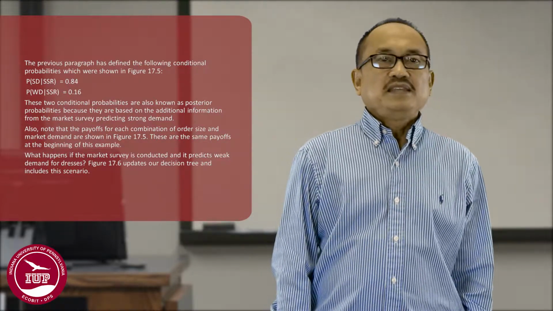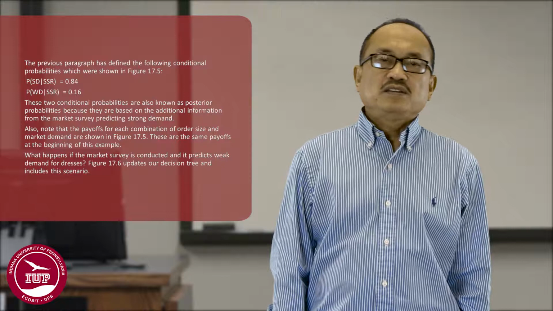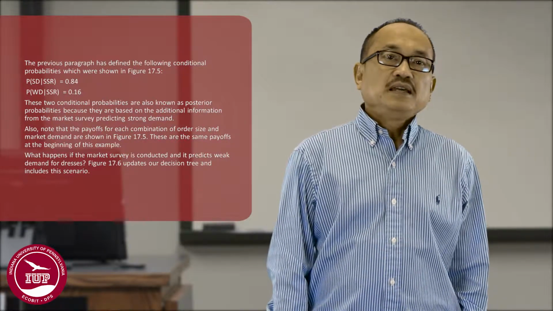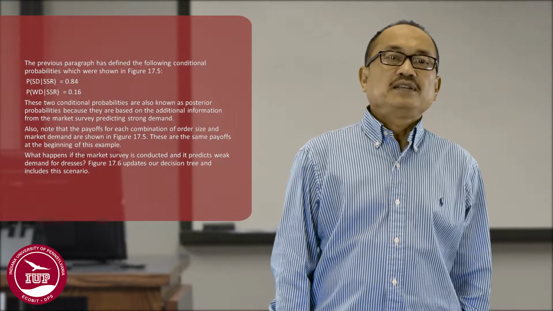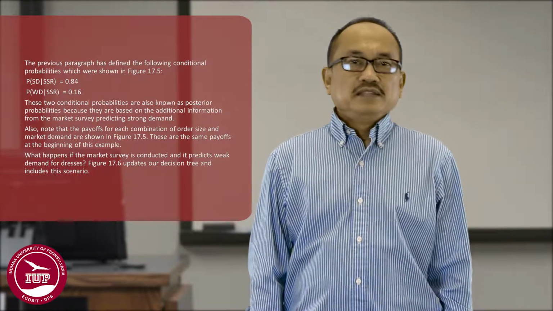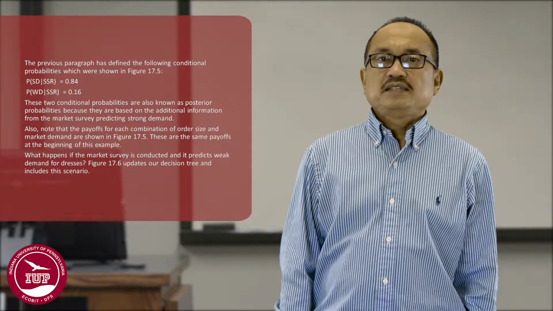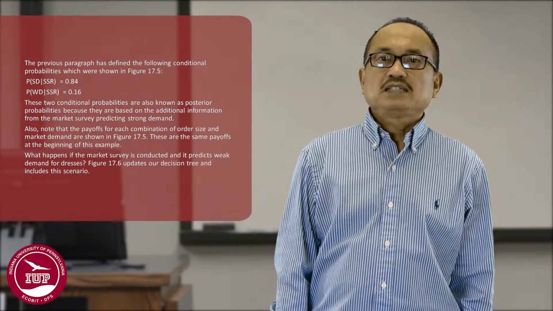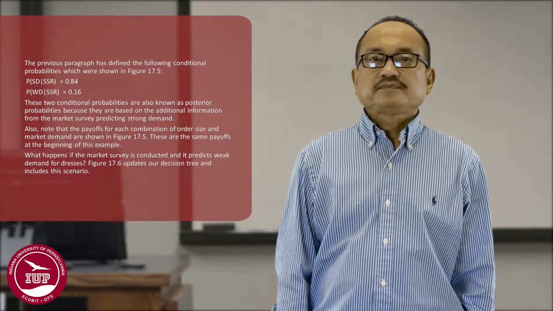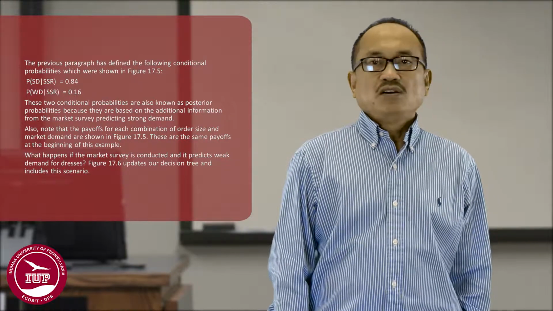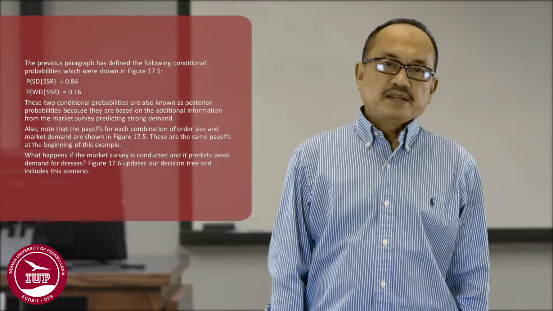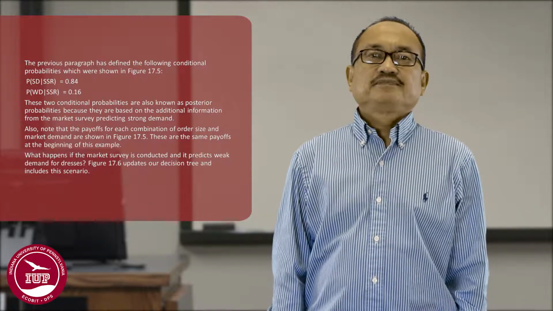Probability of SD given SSR is equal to 84% and probability of WD given SSR is 16%. These two conditional probabilities are also known as posterior probabilities because they are based on the additional information from the market survey predicting strong demand.